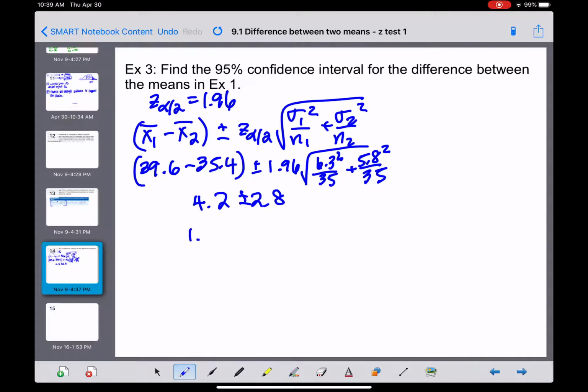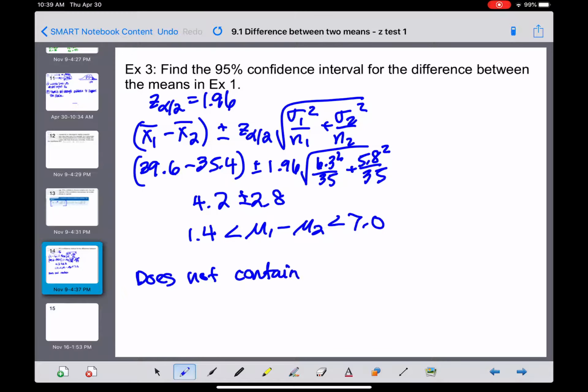Then my confidence interval is 1.4 less than mu1 minus mu2, less than 7.0. So this interval does not contain 0. Okay, so that means that we would reject H naught.